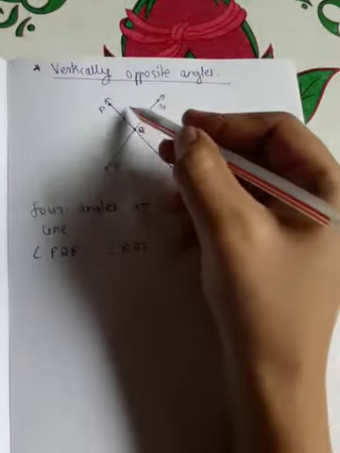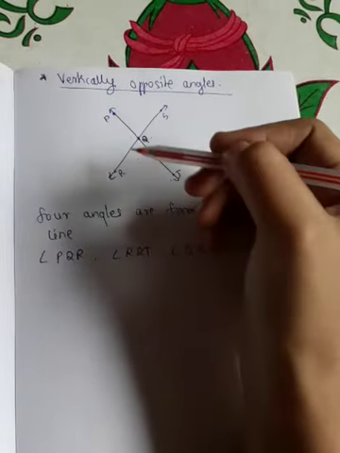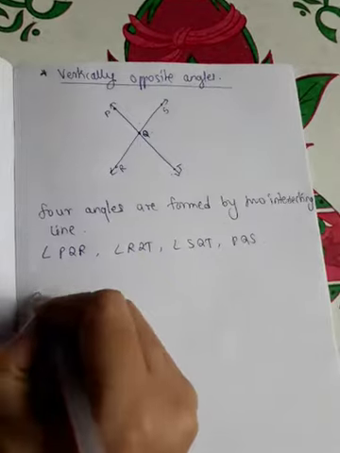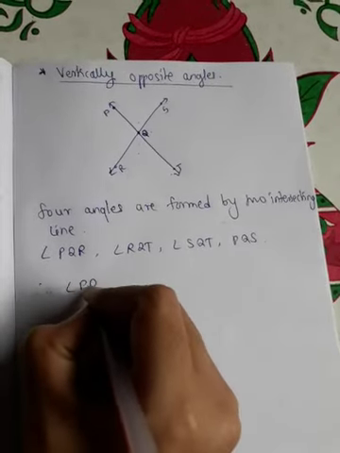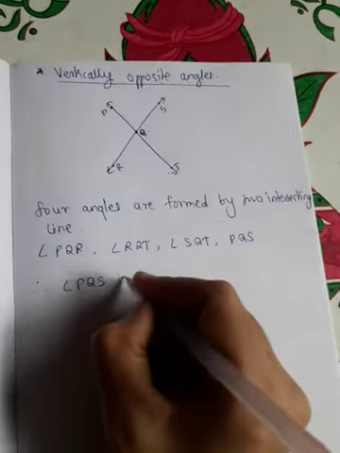Now see, angle PQS is opposite to angle RQT. From the diagram you can see that angle PQS is exactly opposite to angle RQT.